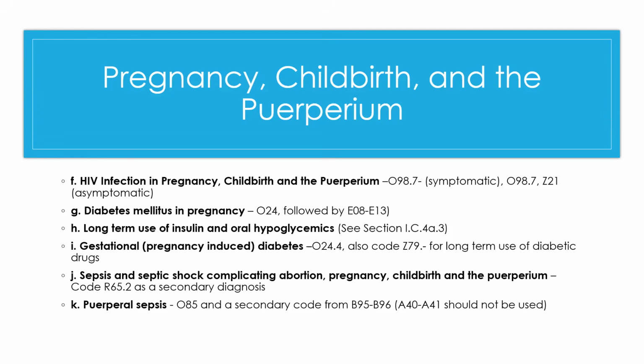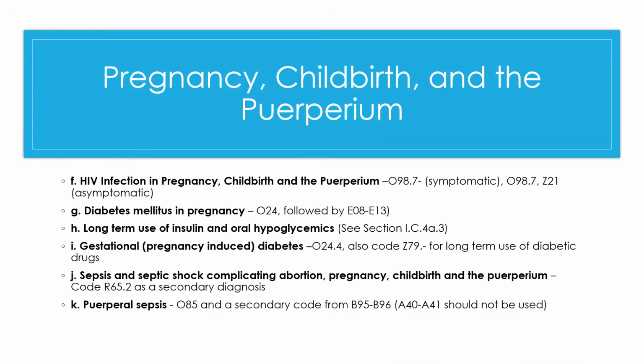If severe sepsis is present, a code from subcategory R65.2 for severe sepsis and code or codes for the associated organ dysfunction or functions should also be assigned as additional diagnoses.